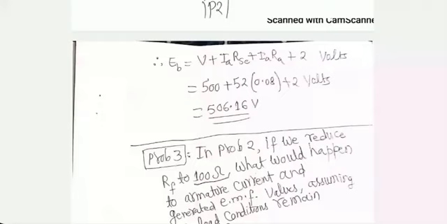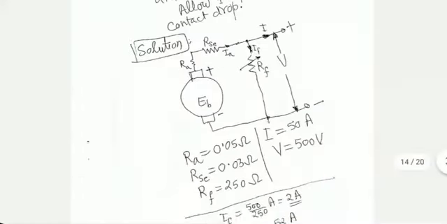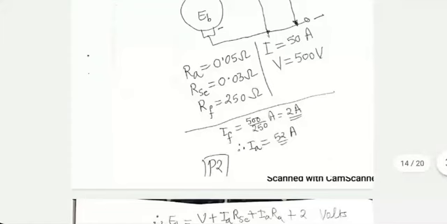Now in problem 2, by the way, problems have been renumbered because this is a different document. So don't worry about it. Problem 2 is the previous problem. If we reduce RF to 100 ohm, that means instead of 250 ohm, if I make it 100 ohm, what would happen?